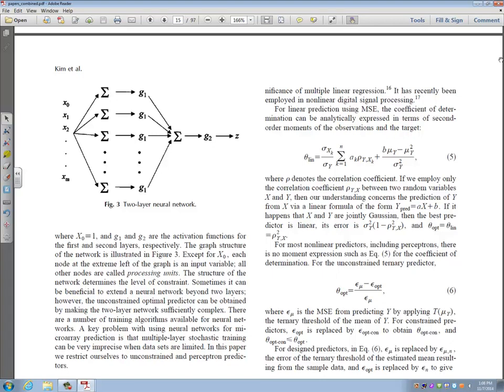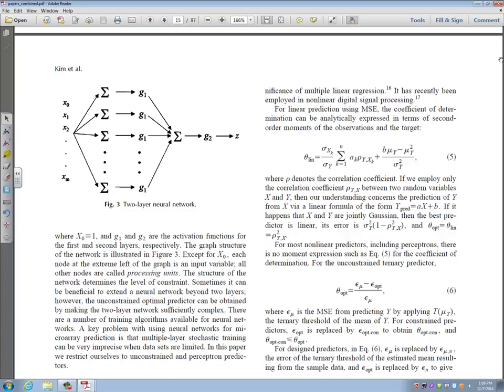Now for most nonlinear predictors, you're not going to be able to do that. You cannot get closed form expressions. So including perceptrons, which is what we are going to use, there is no moment expression such as equation 5 for the coefficient of determination. And for the unconstrained ternary predictor, theta opt will be given by this expression, where this is the error when you're predicting y using its mean.